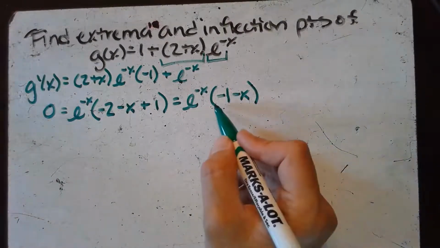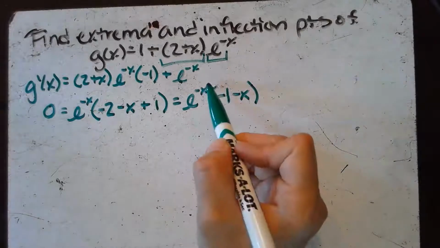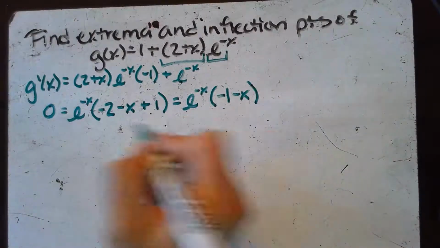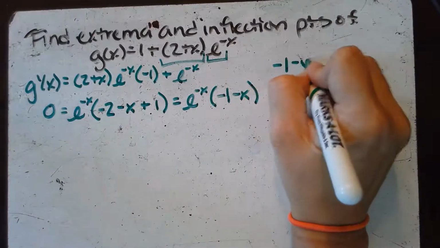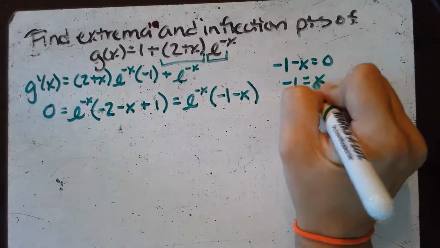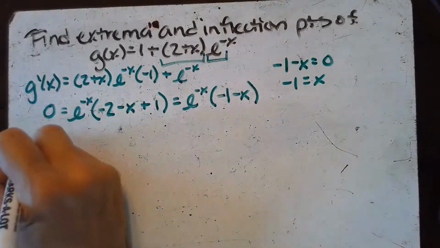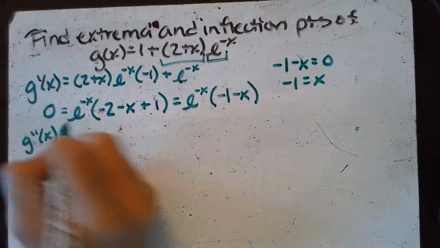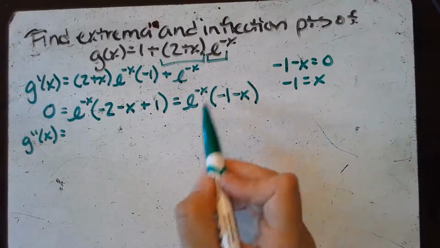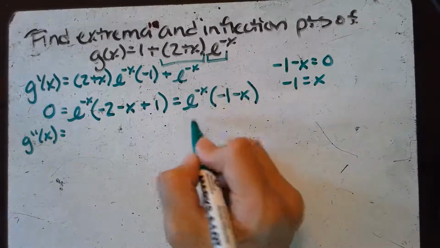Now set this equal to 0. Obviously, e to the negative x never goes to 0, but negative 1 minus x equals 0, so negative 1 equals x. All right, let's go find the second derivative. Second derivative of this, I'm just going to take it from here.